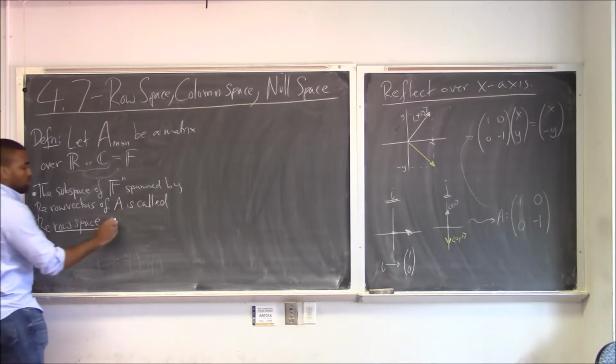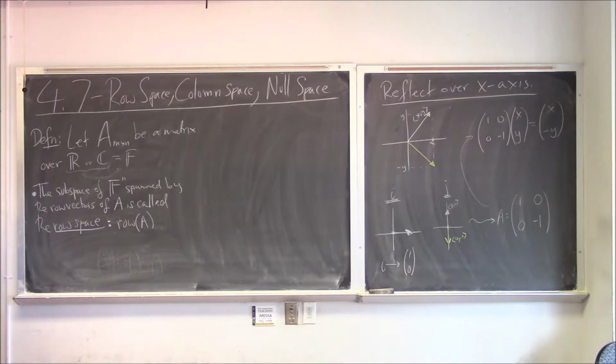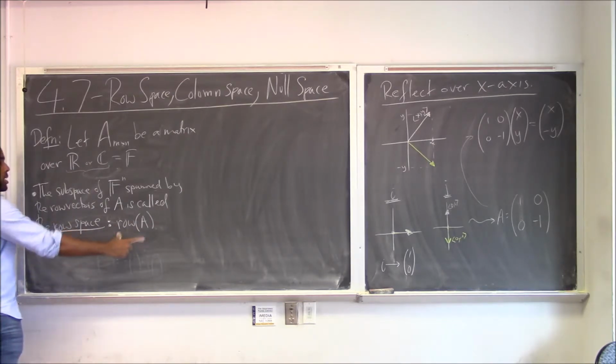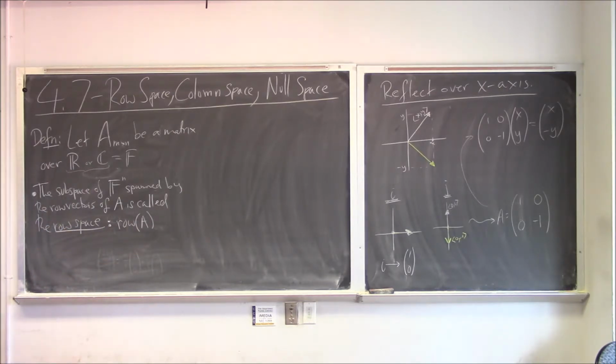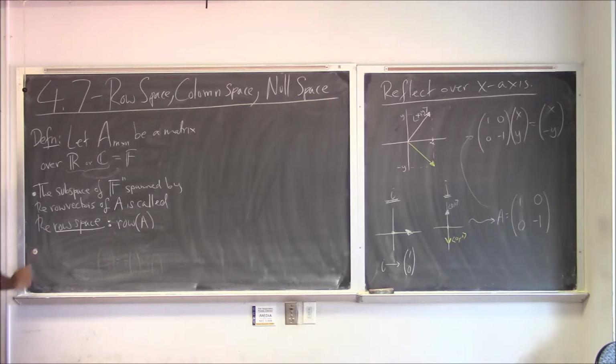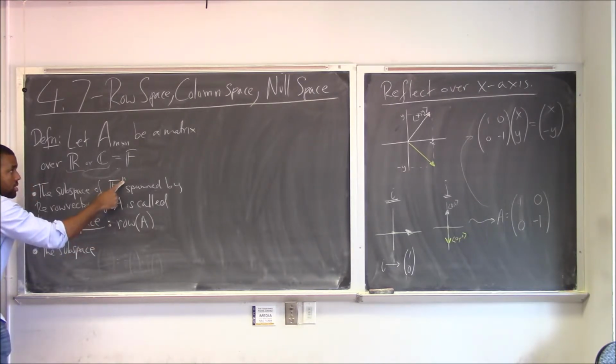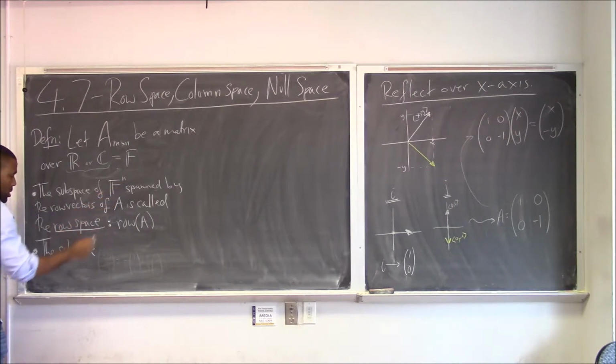It also has a notation, row of A. So that expression means the row space. This is just the space spanned by the row vectors of A. Notice that it is a subspace of Rn, so it's a subspace of the number of columns. And we'll see why it's in Fn as opposed to Fm pretty soon.